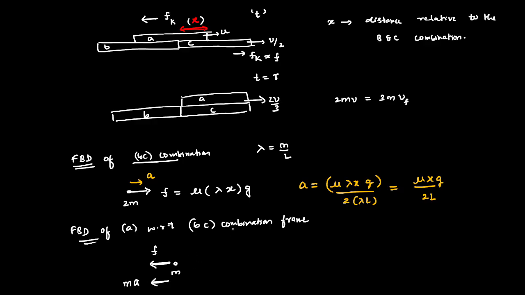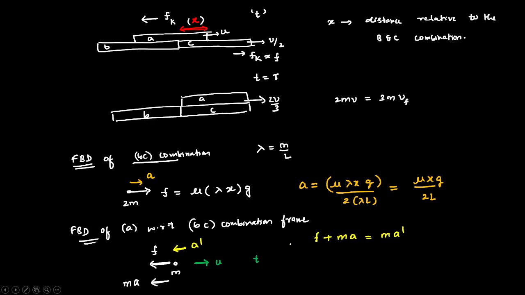But we know that with respect to the BC combination frame, block A is moving to the right with a velocity given as u at some time t, and it has some acceleration with respect to the BC combination frame. Let me name that acceleration a dash. Now, from Newton's laws, the frictional force plus mass times the acceleration should equal mass times a dash.